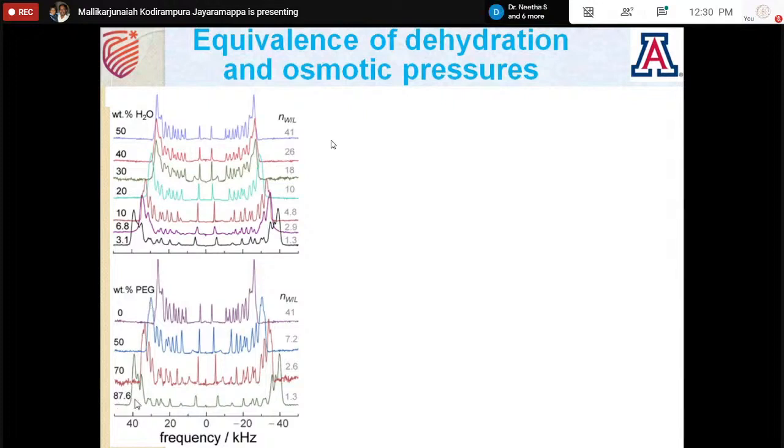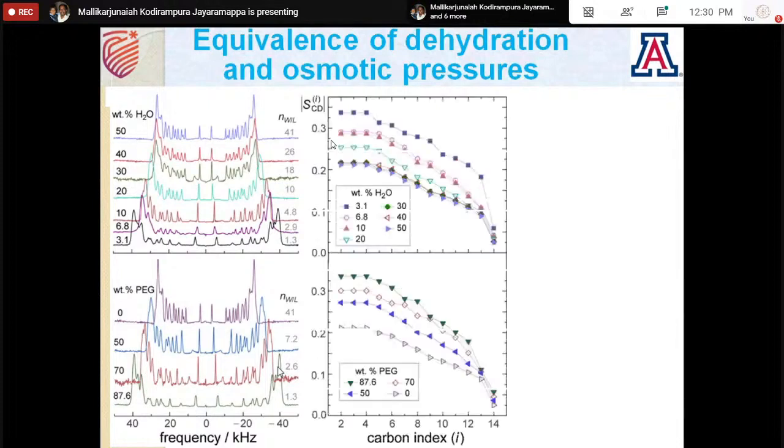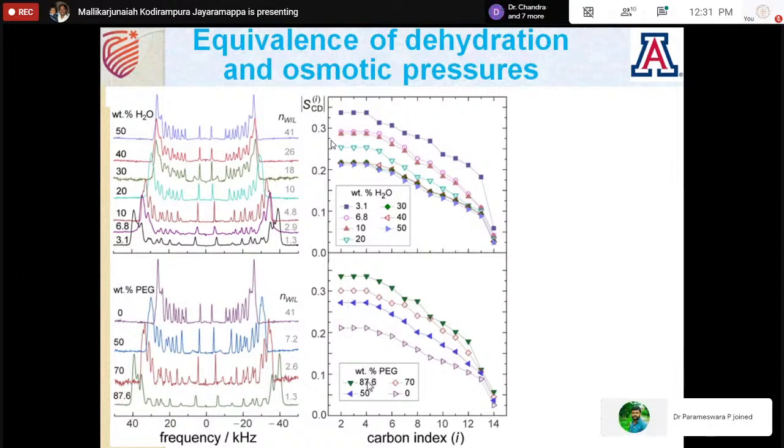Then when we recorded the NMR spectrum, we could see a substantial change in the spectra. This is interpreted in terms of the carbon-deuterium bond order parameter. We can see that as we kept decreasing the amount of water from 58% to 3.1%, this bond order parameter increased drastically.